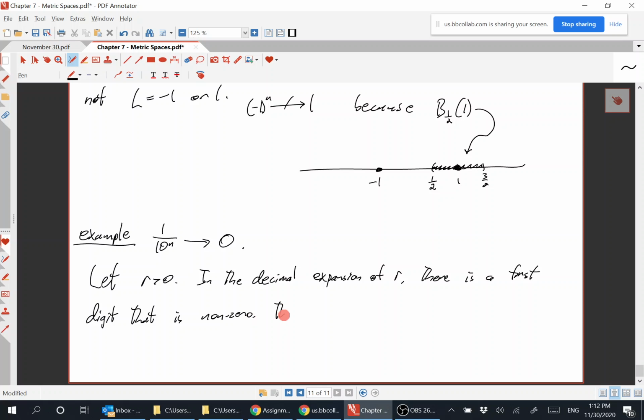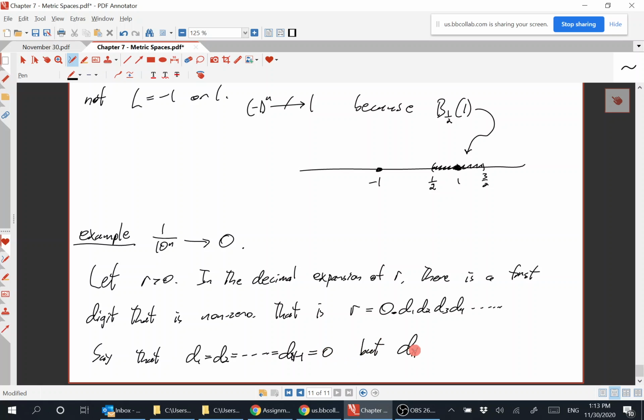That is, r is equal to 0.digit1 digit2 digit3 digit4 and so on. Say digit 1 through digit n minus 1 are all 0, but digit n is not equal to 0.